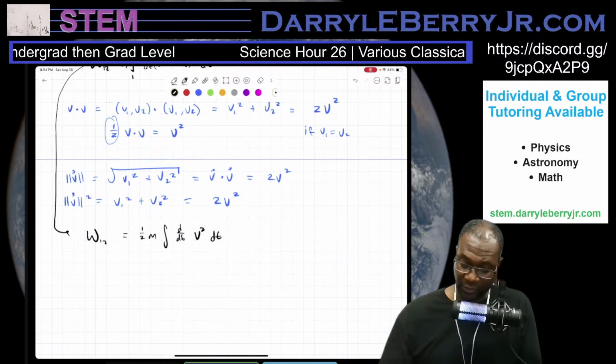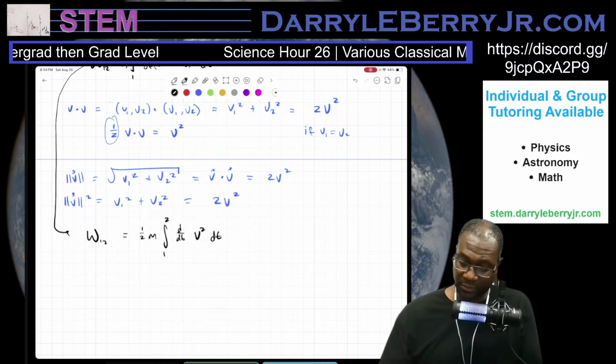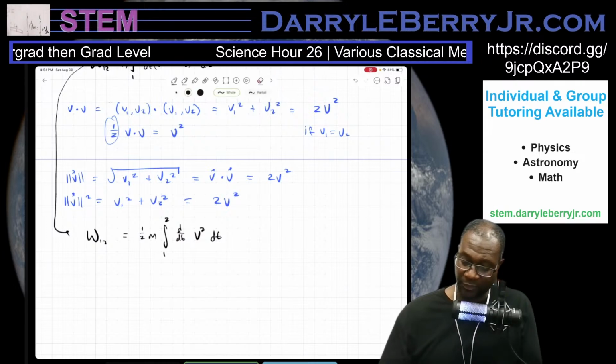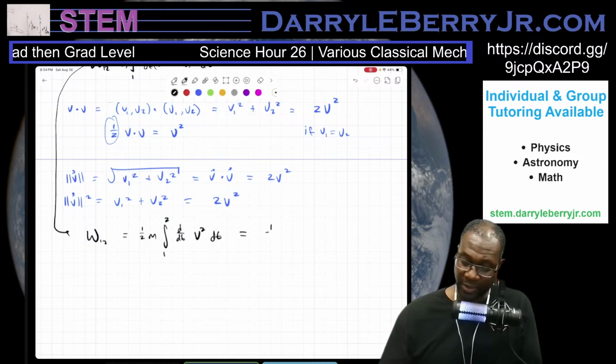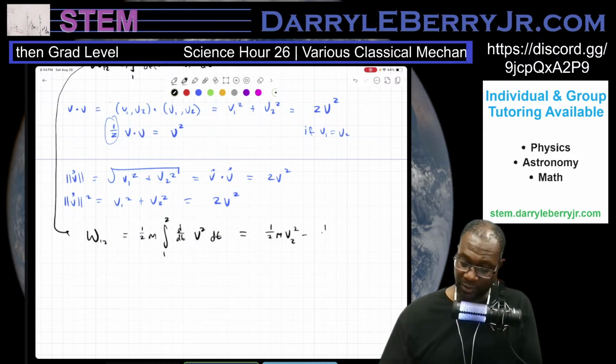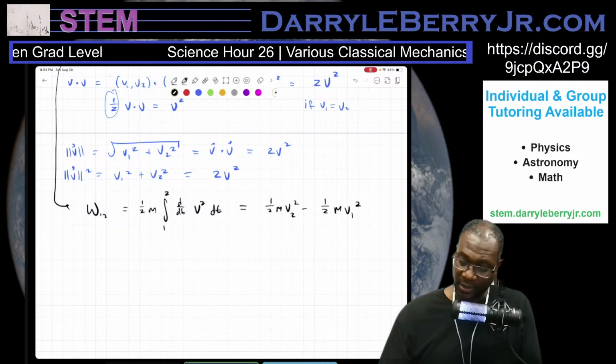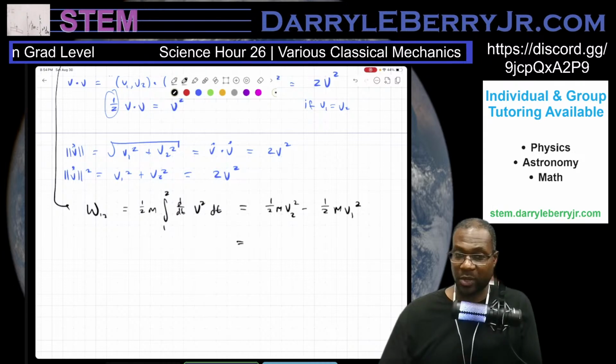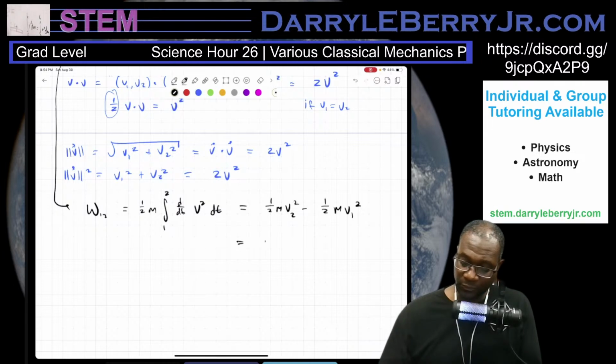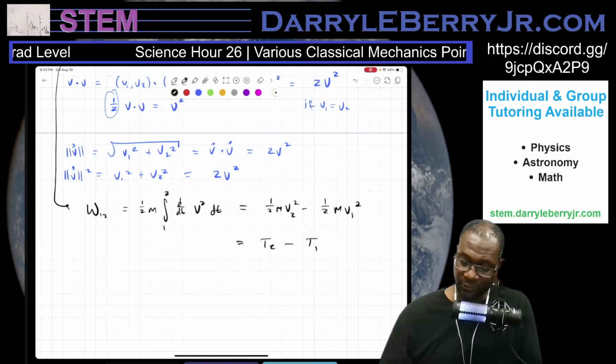And the derivative of an integral is just what it is. And now we can say that equals 1/2 m v2 squared minus 1/2 m v1 squared. And we know that 1/2 m v squared is the kinetic energy. So that's T2 minus T1.